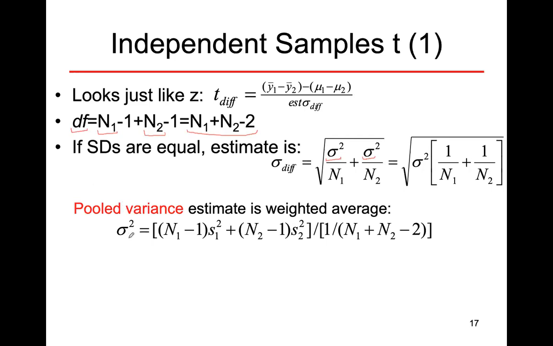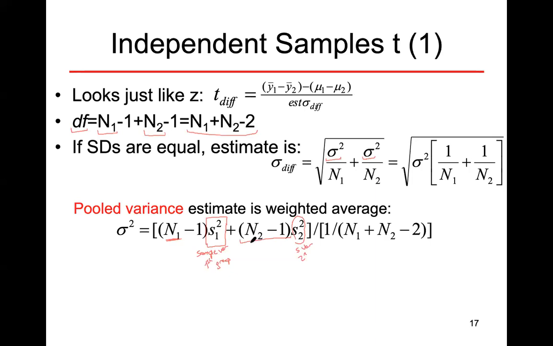It's a kind of weighted average of the variances. This is the sample variance of the first group, and I have N1 people in that first group, and this is the sample variance of the second group, coming from the second group.